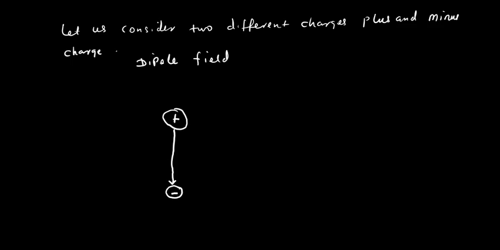It's moving out from the positive charge and entering the negative charge. Another one is going to come out from the positive charge this way, then enter the negative side. Another one will come out from the positive charge and enter the negative side.